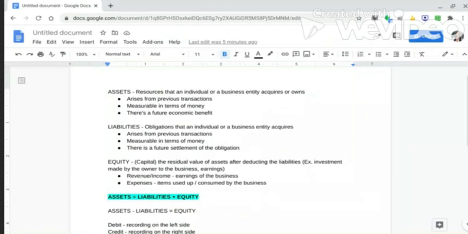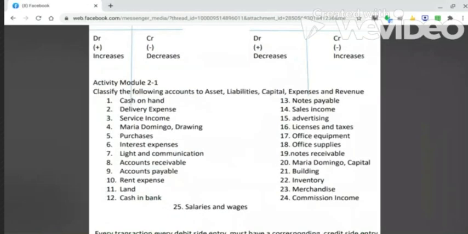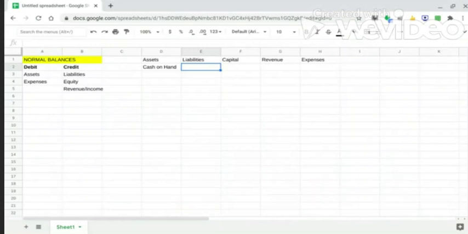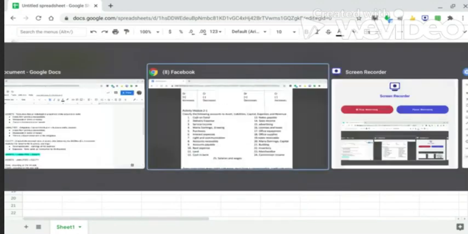So I guess, if you're thinking it correctly, this is really an expense. Kasi nga, nag-consume si business ng service nung kung sino man ang nag-deliver. So therefore, delivery expense will fall under expenses. Okay, next.